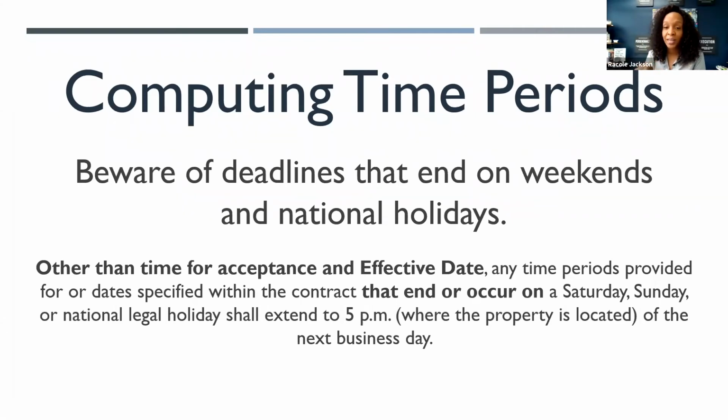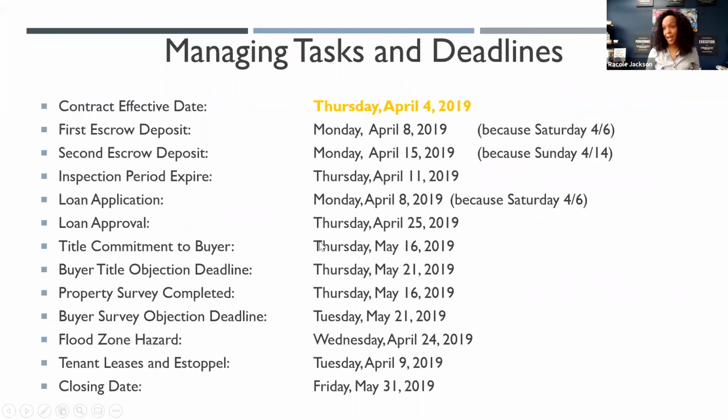Outside of those two dates, any other date that ends or occurs on a weekend or national holiday rolls forward to the next business day, 5 p.m. So what does that mean? Again, going back to our hypothetical, our first escrow deposit ended on a Saturday. Pursuant to the contract, that has to roll forward.